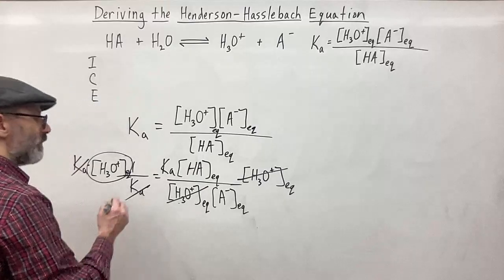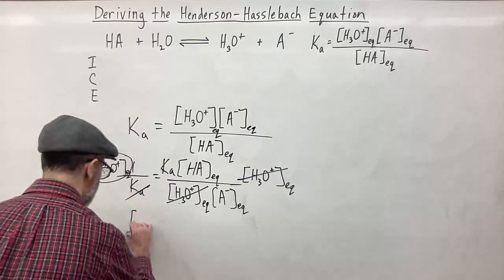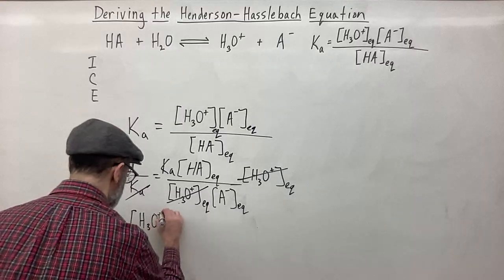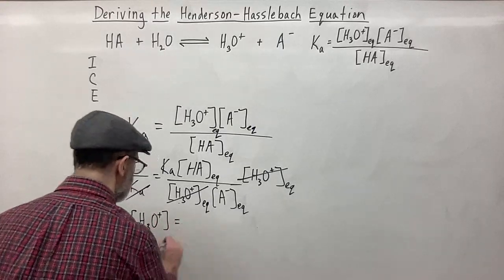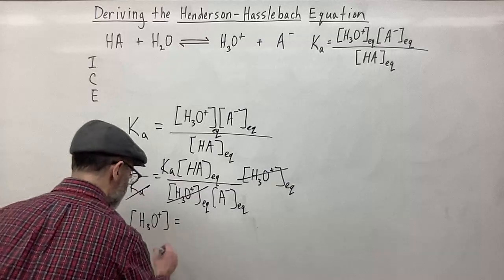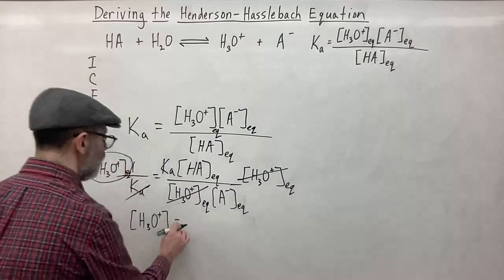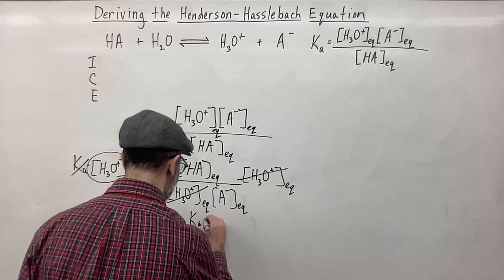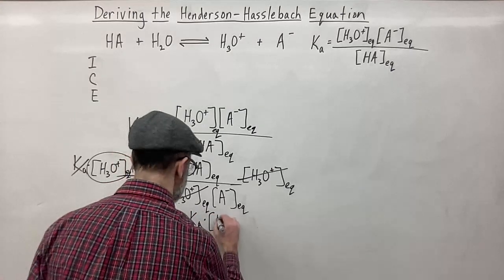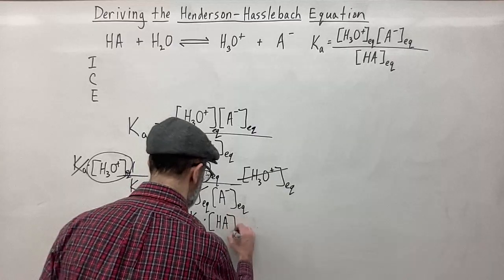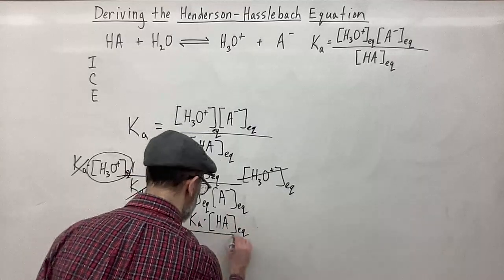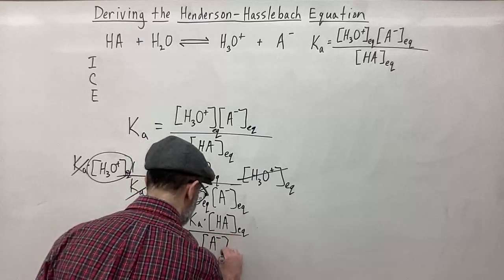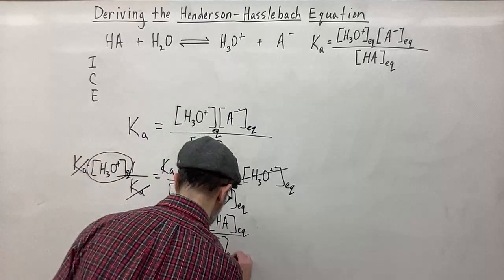And so if I rewrite that to make that clear, now I have the concentration of H3O+ at equilibrium equal to Ka times the concentration of HA at equilibrium over the concentration of A- at equilibrium.